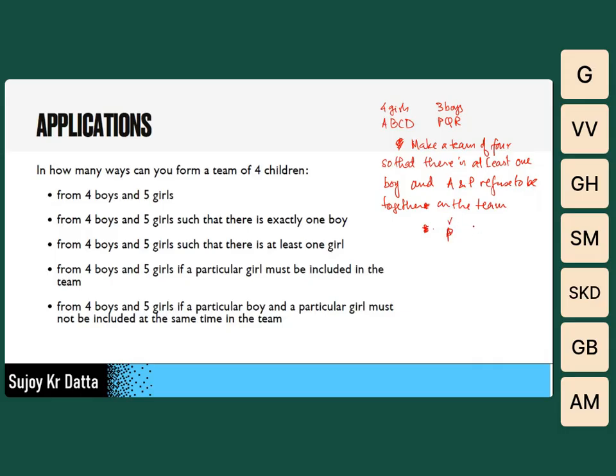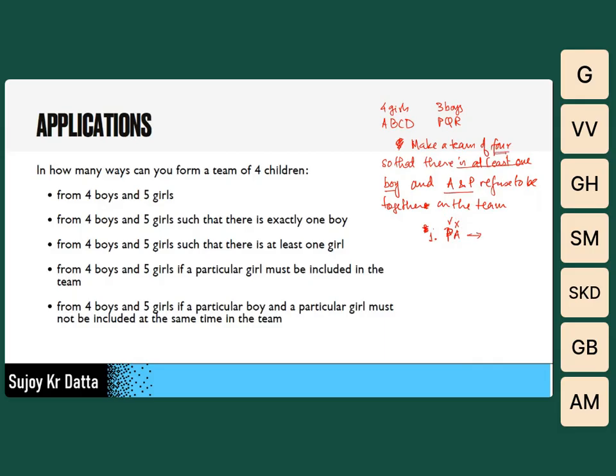P has been selected. Now, if P is selected, then A is automatically rejected. That's case number one I'm doing. Now, if P has already been selected, it automatically also ensures that there is at least one boy in the team. So we don't need to satisfy that condition separately. It's already satisfied. So both conditions have been satisfied. So P is in, A is out.